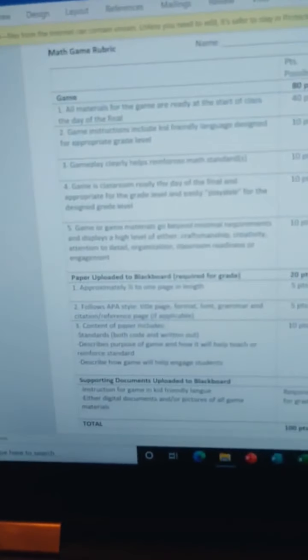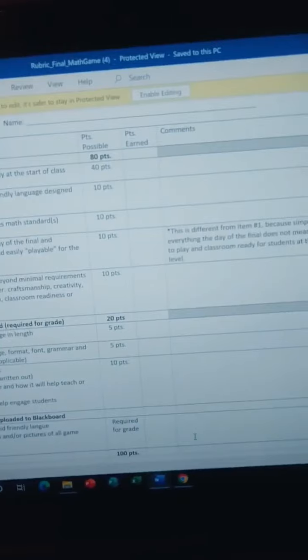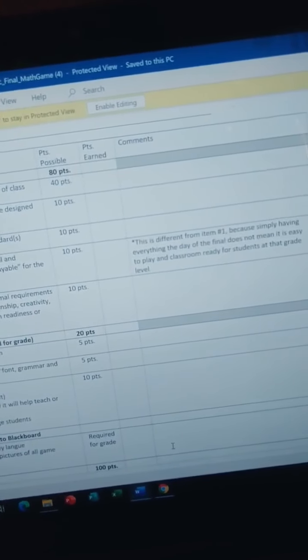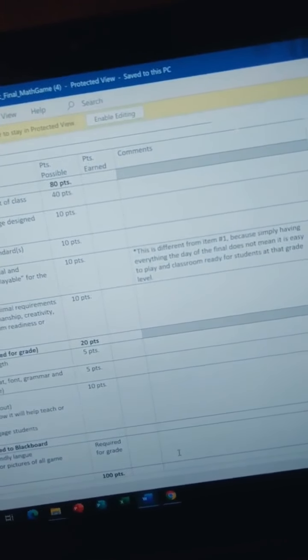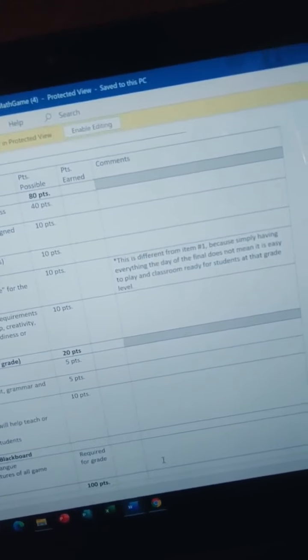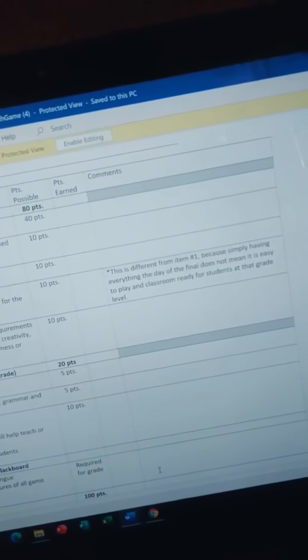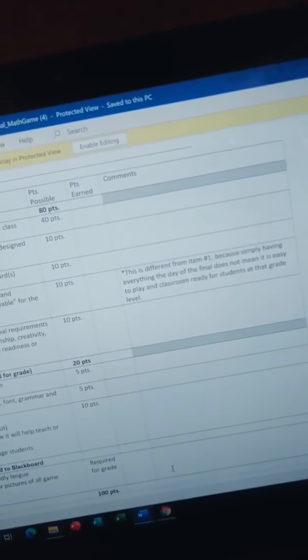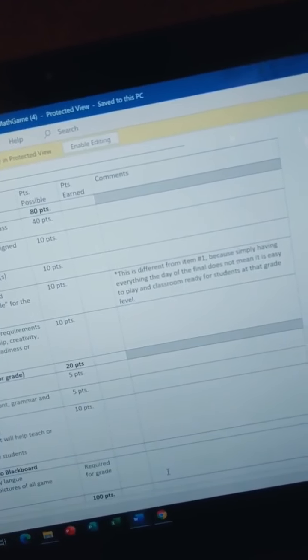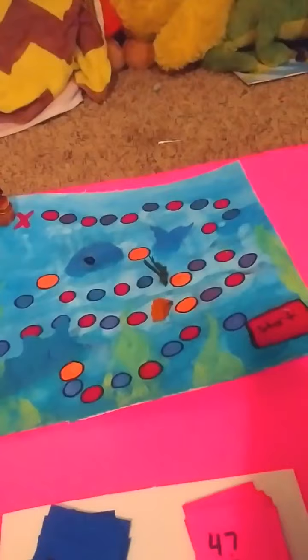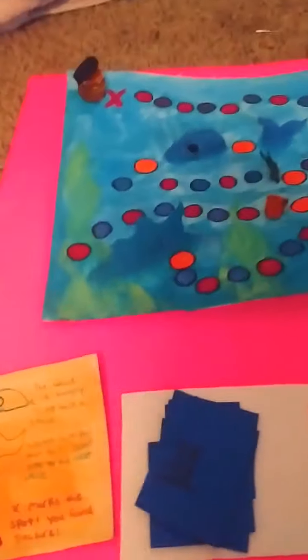The fifth one is game materials go beyond minimal requirements and display a high level of either craftsmanship, creativity, attention to detail, organization, classroom readiness, or engagement. Well, I'll just show you right away. This was actually my concept sketch.